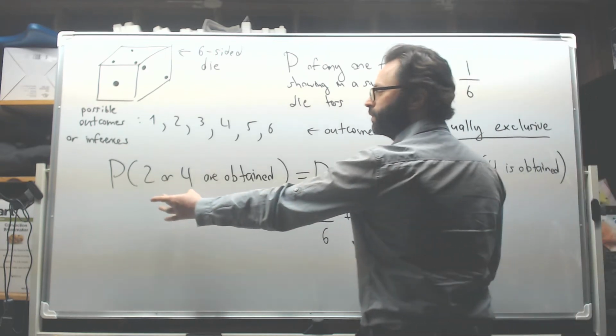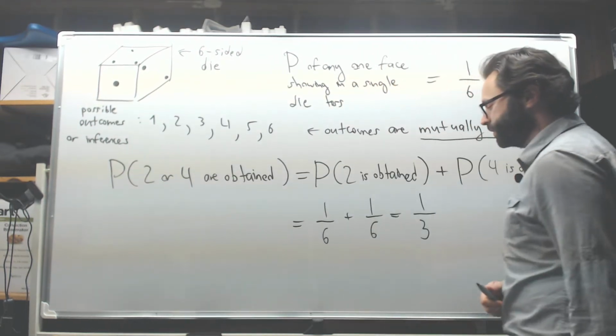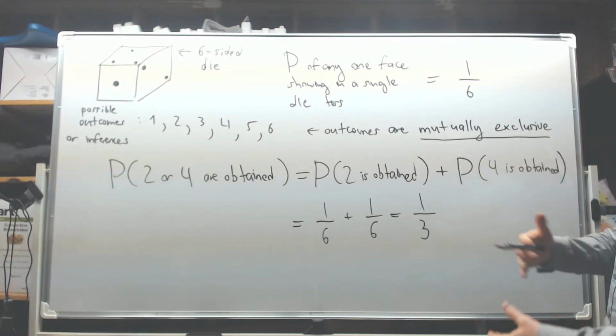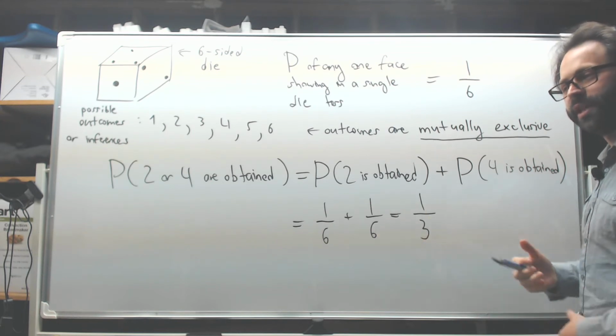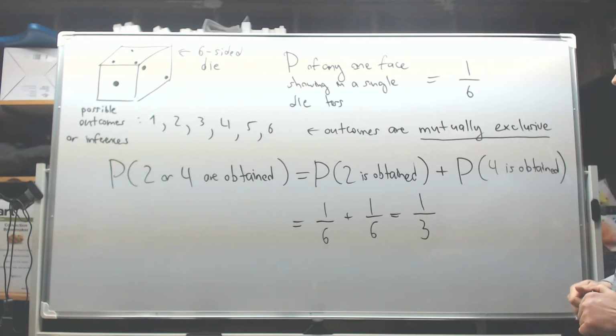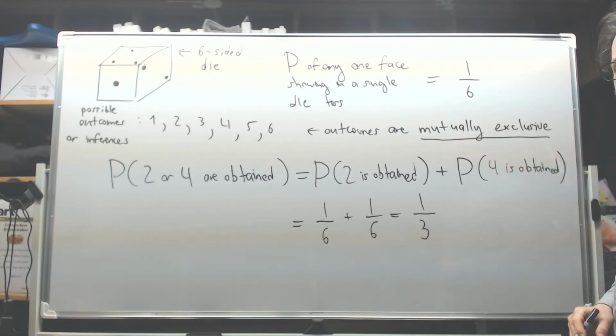Here the two inferences are combined into a single kind of master inference in this sense. Master outcome, or master combination of possible outcomes, where you're okay with either one. And this relies critically on the idea of mutually exclusive outcomes.